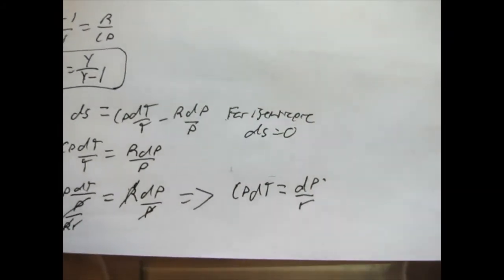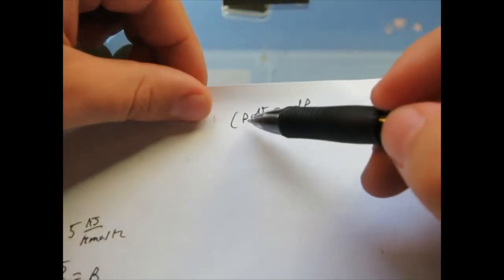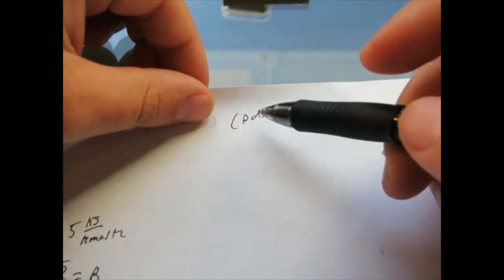Okay? Which makes sense. Now, we're going to go all the way up here and then differentiate these two terms. Well, not yet. We're going to go back to our relationship here and replace.